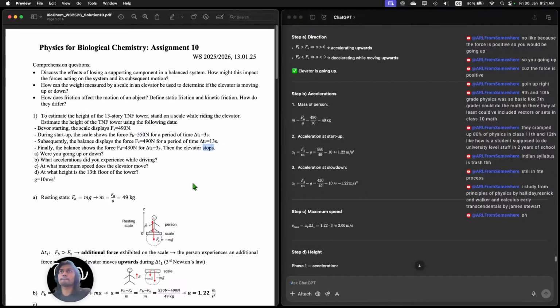When you subtract FA from FB, it's going to give you a positive value. If it was a negative value, then it means the elevator was going down.